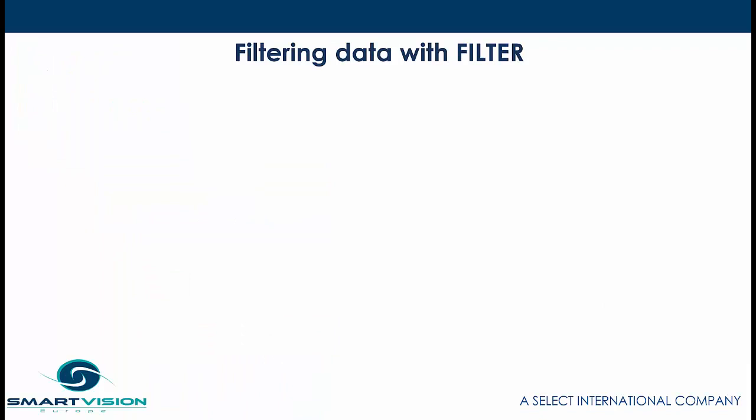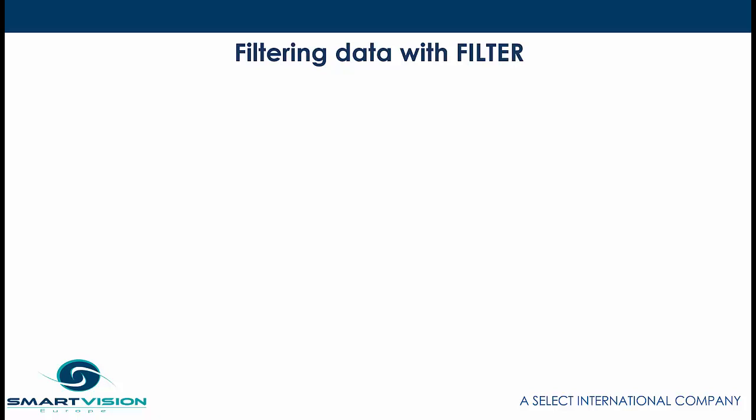Now, the obvious limitation of the previous example is the filter by command simply filters out anything which is equal to 0 or missing. And if you actually wanted to filter out cases which weren't equal to 0, weren't missing, you'd have to identify those cases.